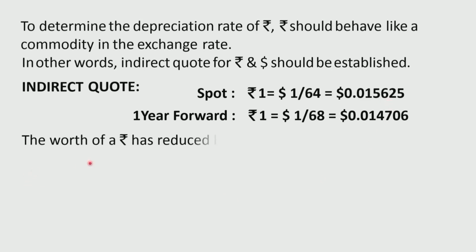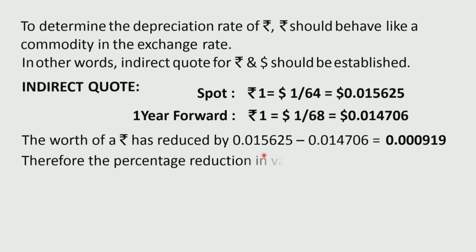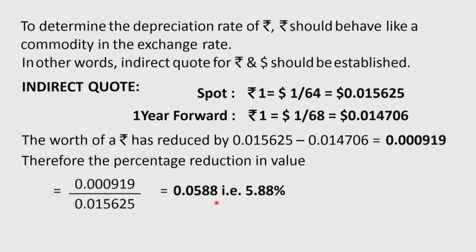So we would write the worth of a rupee has reduced by 0.000919. This is the reduction in the value of rupee on the base value of 0.015625. So the percentage reduction would be 0.0588, that is 5.88%. This is how you would determine the depreciation rate of rupee or the discount rate of rupee.